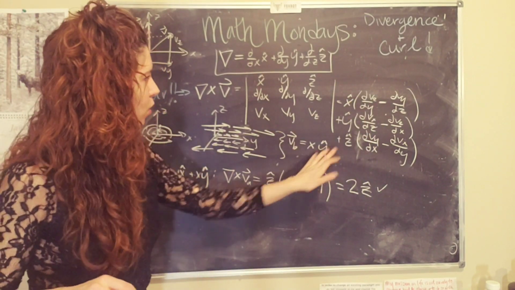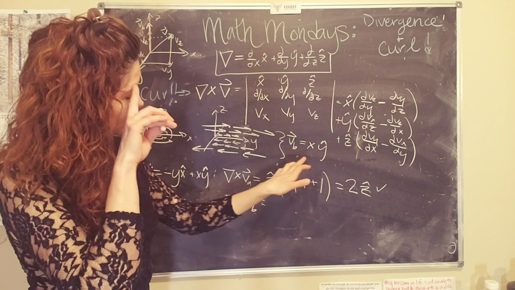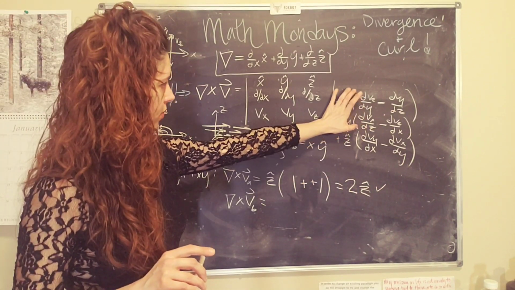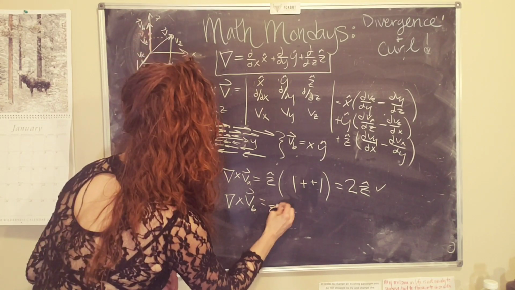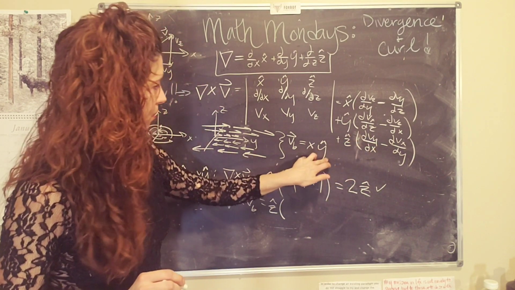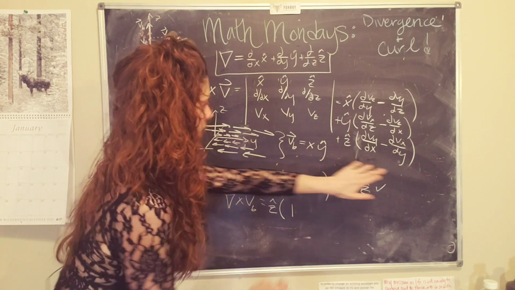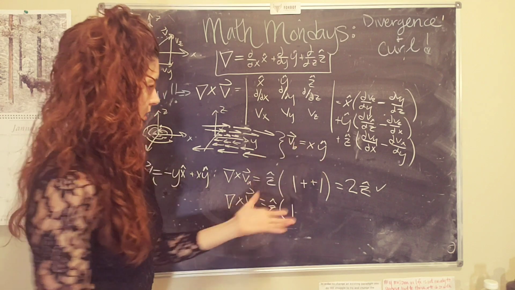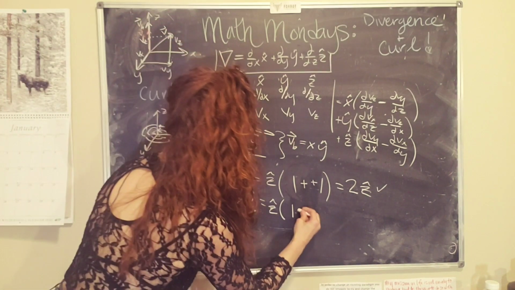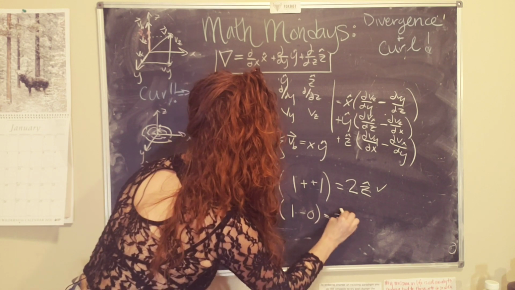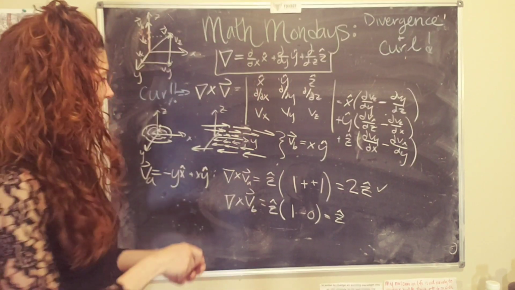No z components and no z variables, so both of these go to 0, and we end up with a z hat. The derivative of the y component with respect to x is just 1. The derivative of the x component with respect to y is 0, because there is no x component, so we go, I should do minus them, equals z hat.